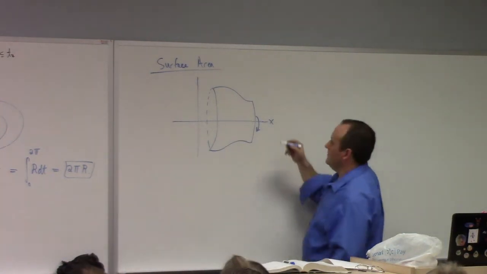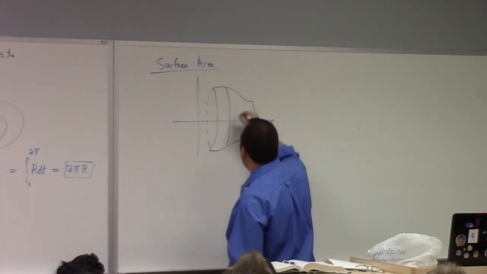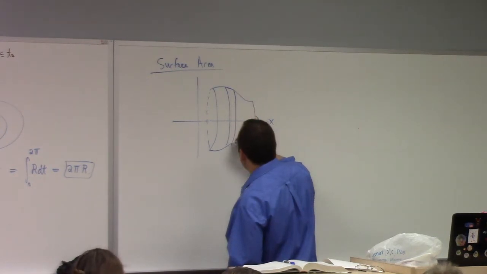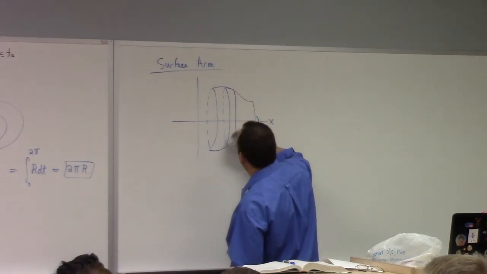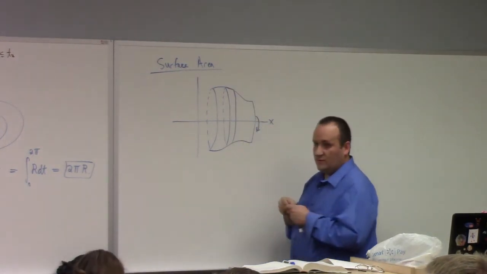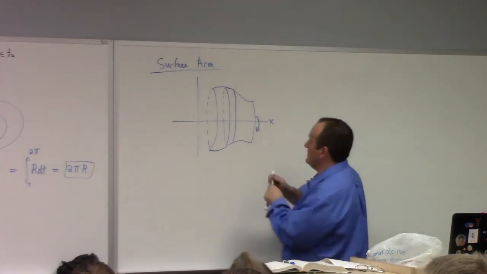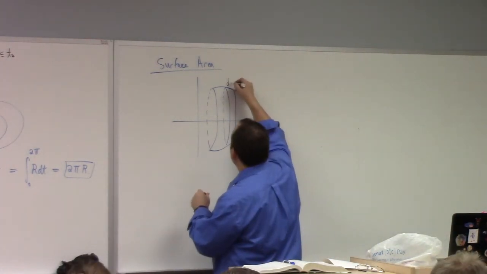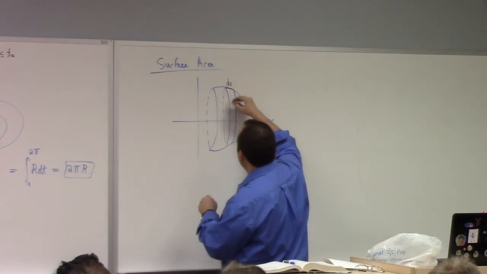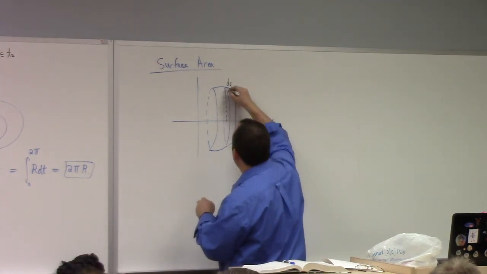So what we do is we take that surface and we divide it up into little bands like this, right? And so what's the surface area of one of these little bands? Well, it's got ds along here, right? And this is the radius.